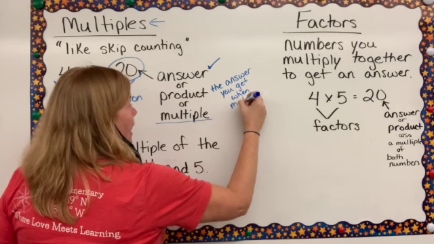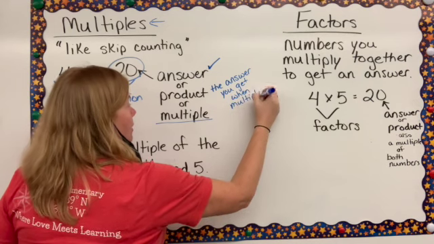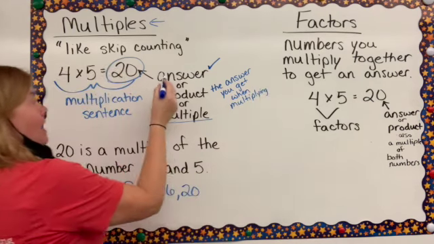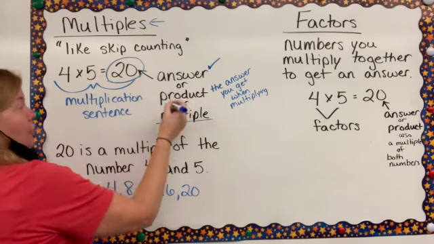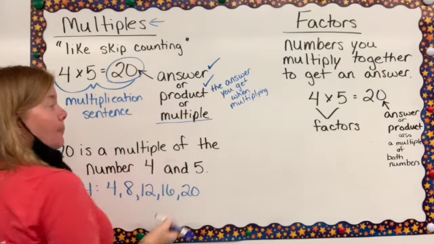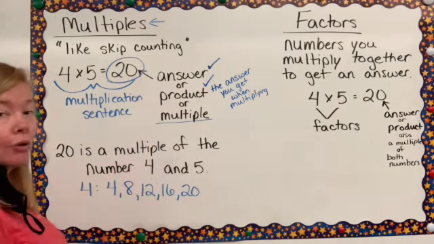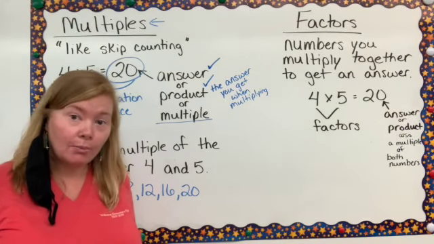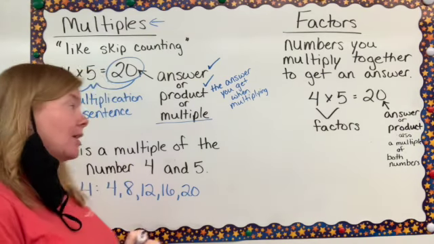So you learned that word last year. So not only is 20 called an answer, it's also called a product, but now you're learning that it's also called a multiple. All right? I hope you're with me.